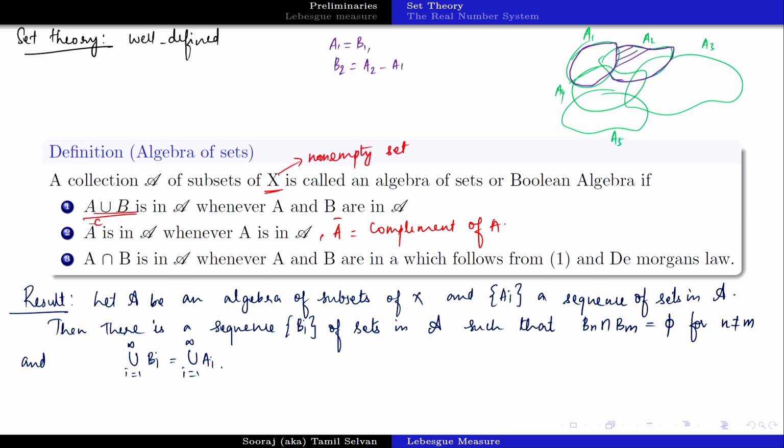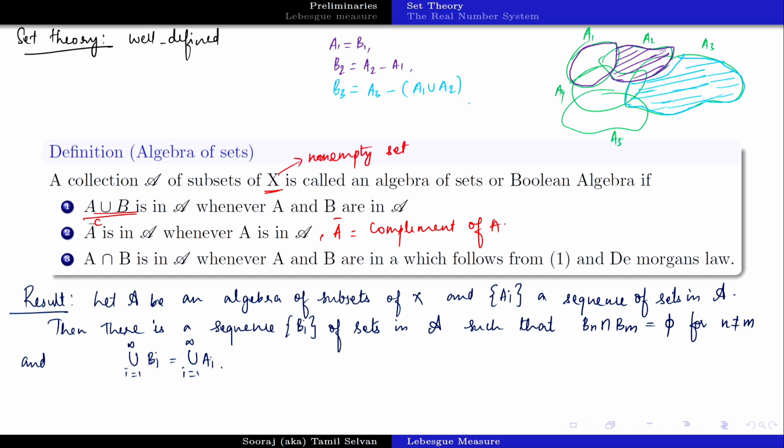Next, let me find my b3. So my b3 is going to be only this part, which is a3 minus a1 union a2.